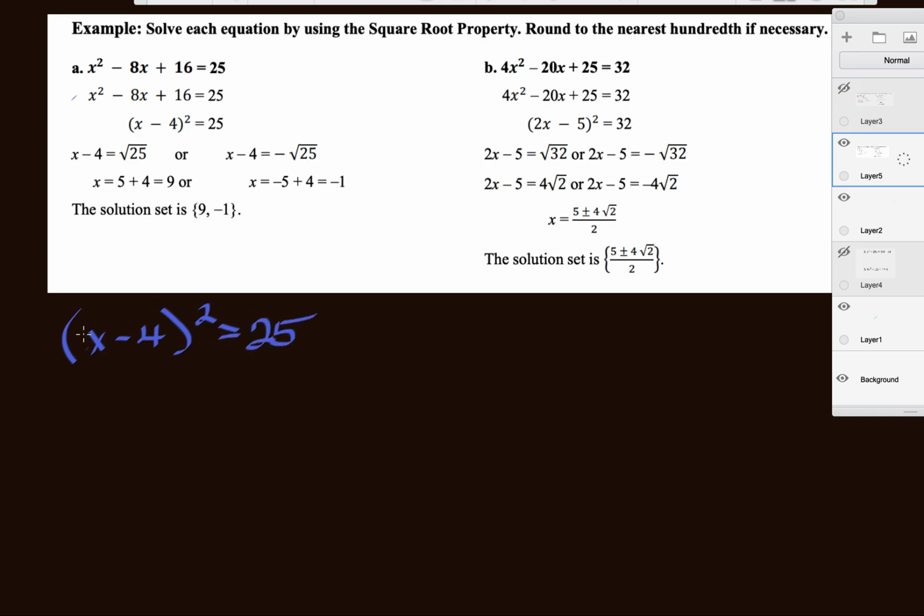If we take the square root of both sides using what is called the square root property, which means if you do it to both sides, you haven't changed the equation one little bit, that just gets rid of this square, so I just have x minus 4 on this side.